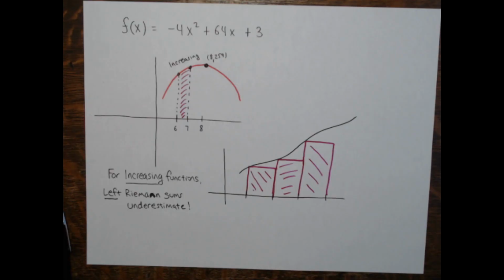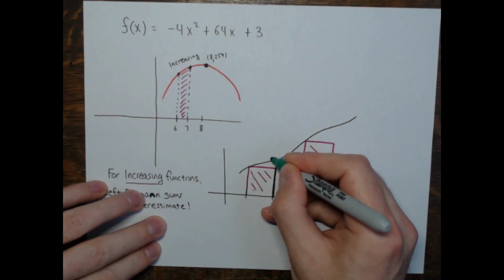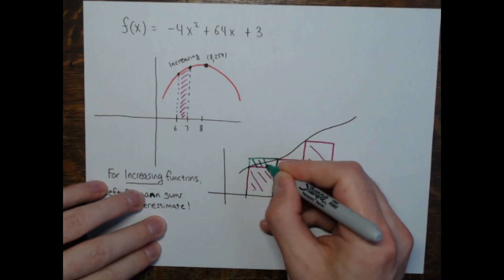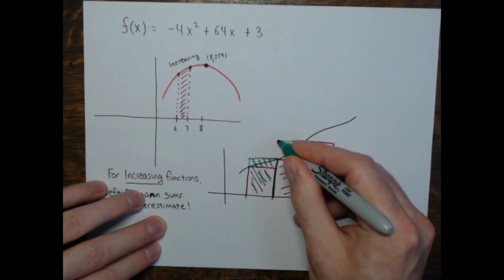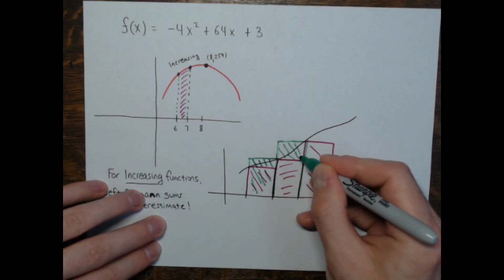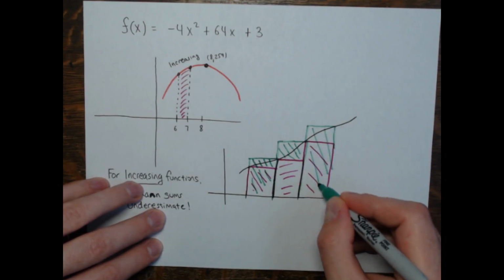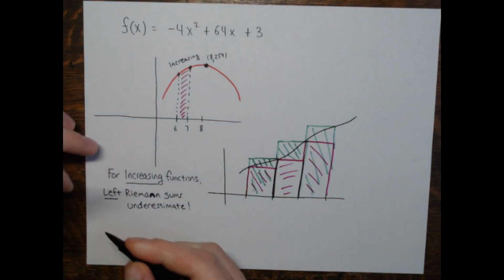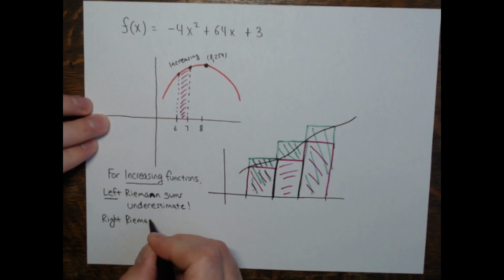Now, if they asked for a right Riemann sum, you would plug in the right end and make a rectangle. So you see how that would overestimate. Plug in the right end of the interval, make a rectangle, and that would overestimate, right? Plug in the right end and make a rectangle, and it overestimates. The right Riemann sums overestimate.